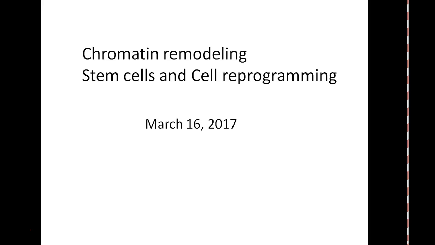Alright, today we're going to finish talking about chromatin remodeling. There are a couple of slides that I want to go over, and then we'll move on to stem cells and cell reprogramming.